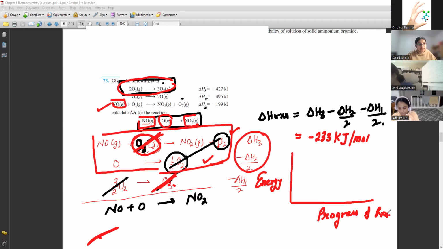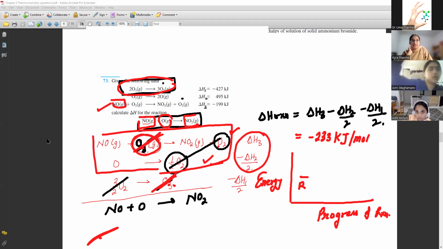She said it's exothermic. Okay, let's say the reactant is here. You remember energy profiles? Kyra, any difficulty?